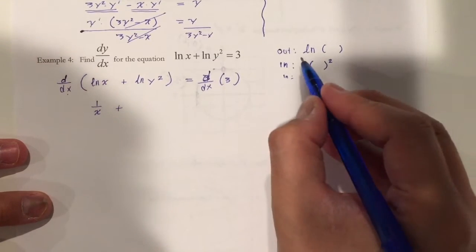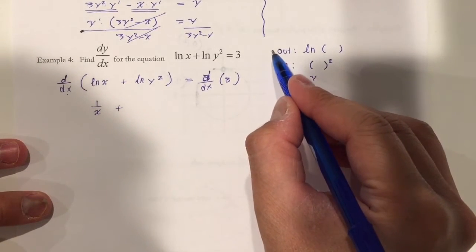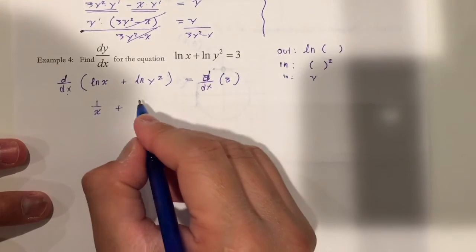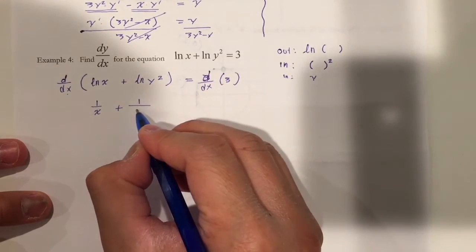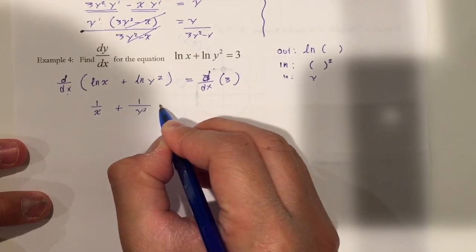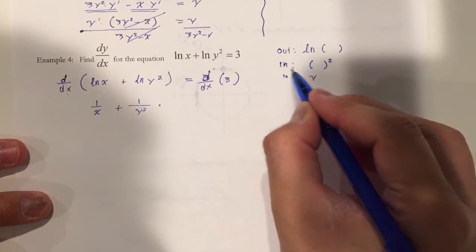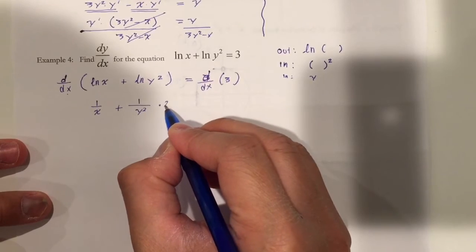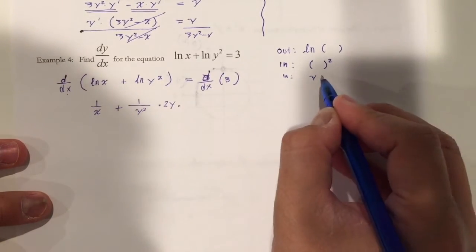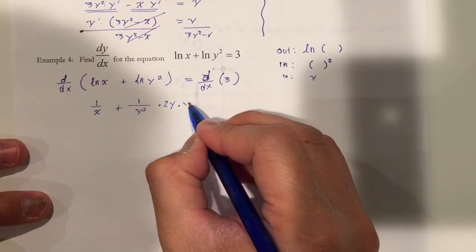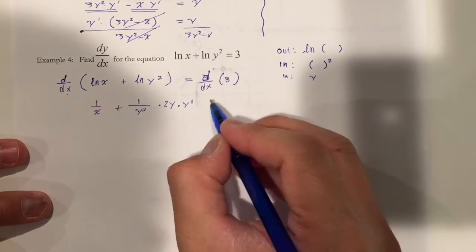Now start by taking the derivative of the outside function, which is 1 over whatever is inside, which is that, times this inside, which is going to be 2y, right? And then multiply that with the derivative of the smaller inside, y prime.